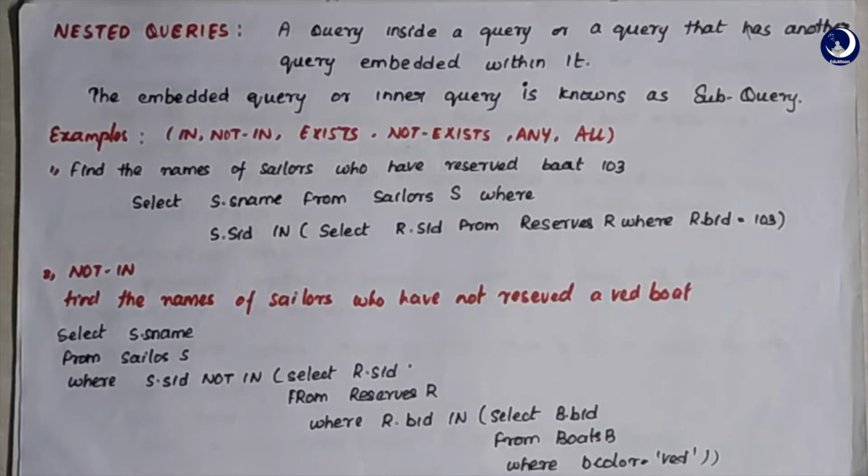Select s.sname from sailors s where s.sid in (select r.sid from reserves r where r.bid is equal to 1 or 3). Okay, now let's break this into two parts. Let's look at the subquery first. The subquery is: select r.sid from reserves r where r.bid is equal to 1 or 3. We are just selecting the SIDs of the ones who have reserved the boat 1 or 3.